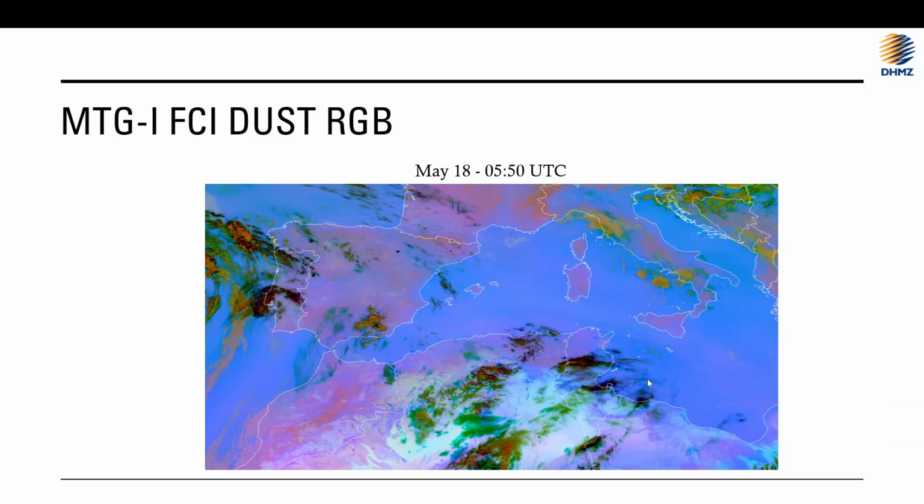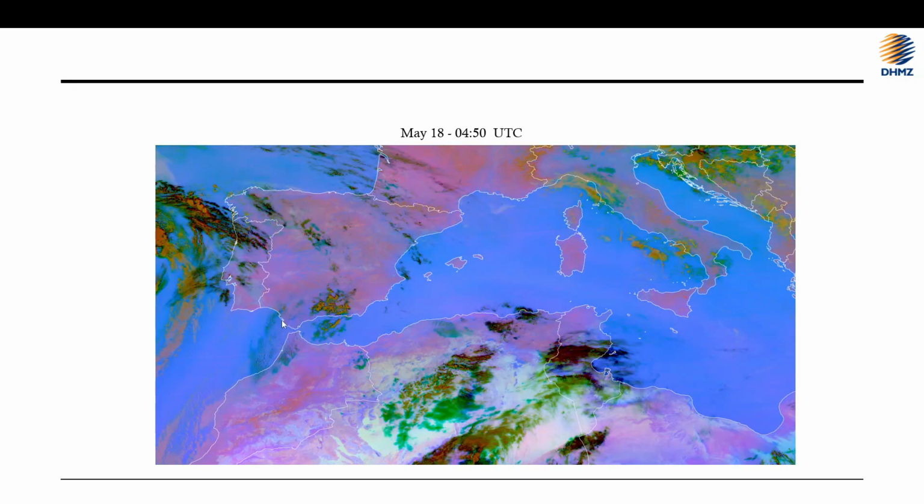If we go to the dust RGB, we can see that essentially there is no dust signal, so to speak, neither over the Mediterranean or over the Spain or Northern Africa. And if you go back in time or further in time, you see that really there is no signal whatsoever.